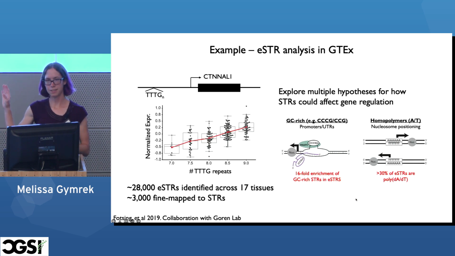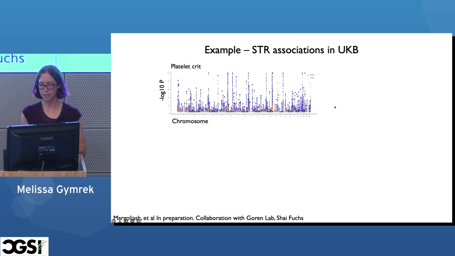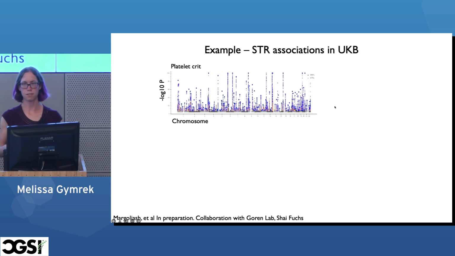I'm not going into details for how we found those, but once you have these big data sets of associations, you can test these different hypotheses about how they might be affecting things like gene regulation.